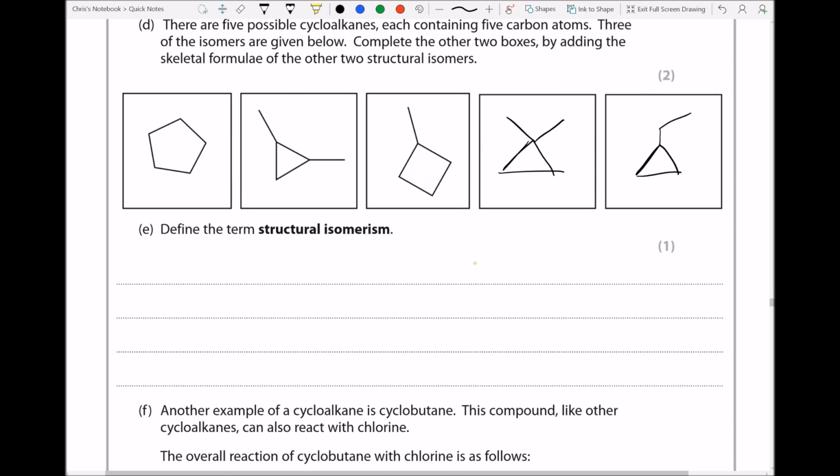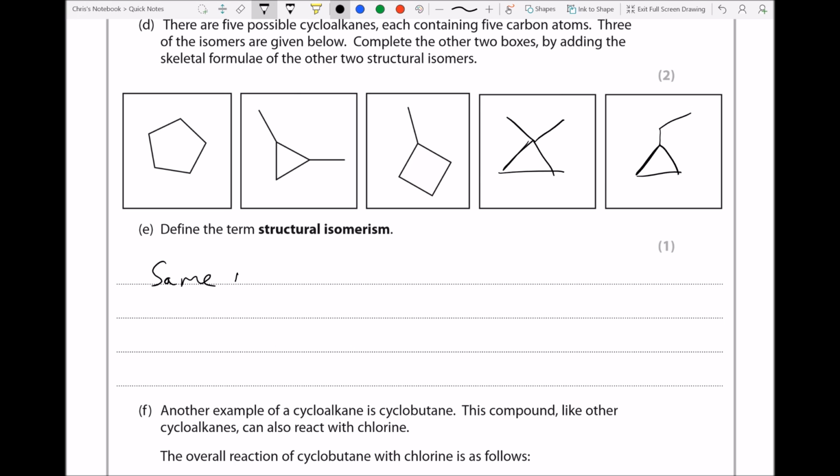Right, define the term structural isomerism. I'm pleased they've asked this, because they've asked you to work that out without actually asking you to define it. So basically a structural isomer is something with the same molecular formula but a different structural formula. So you really do have to remember that one.